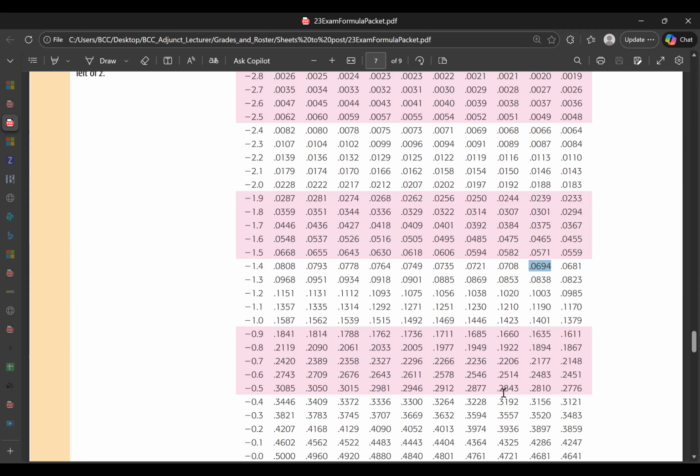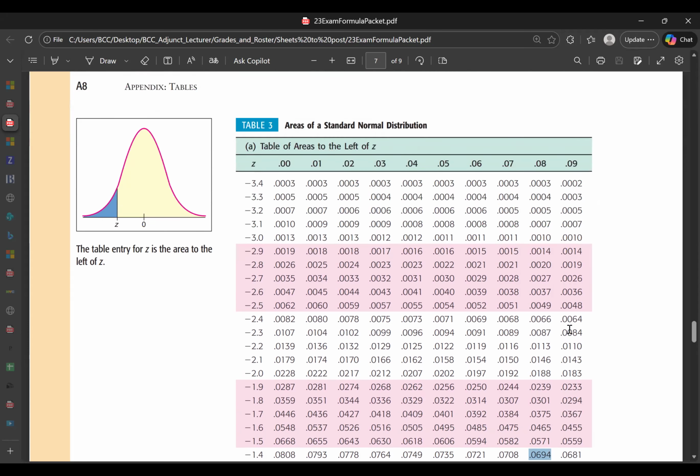Good. 1.4 what? Negative 1.4. No, negative 1.4. What's the number above? No, the number on top in the Z. At the top of the column, what is it? Look at the top of it.